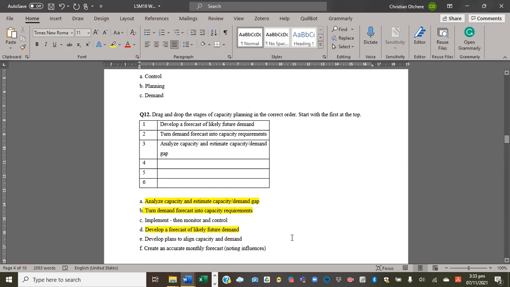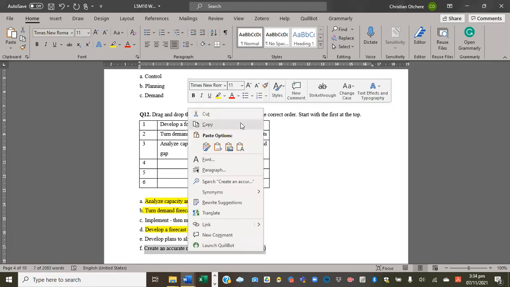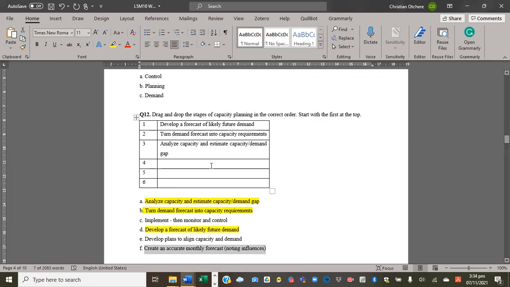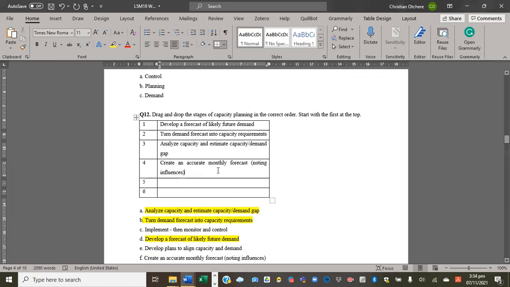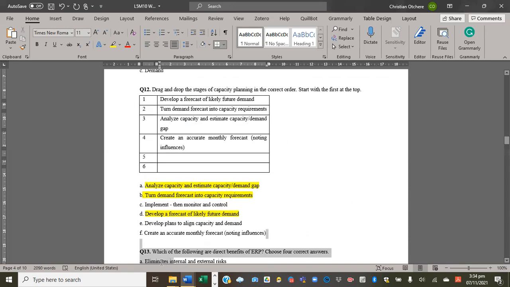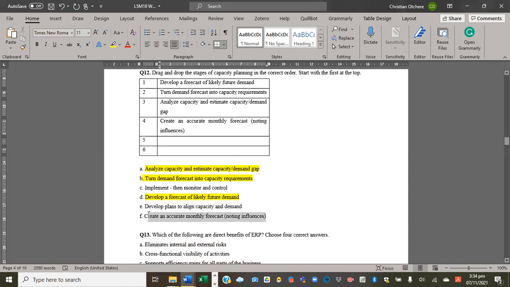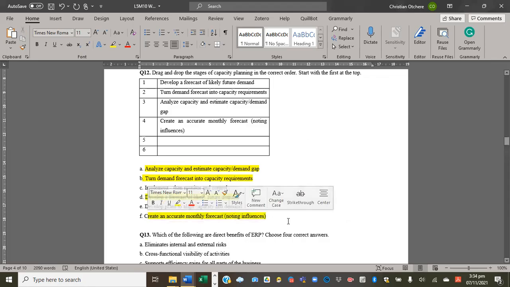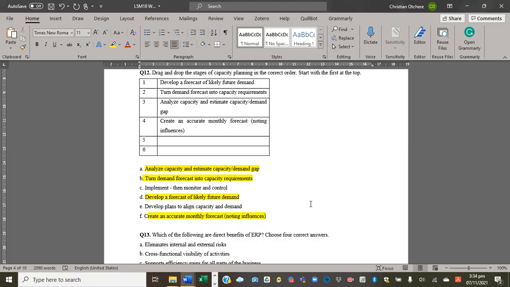You create an accurate monthly forecast. Okay. So you create an accurate monthly forecast before we develop plans to align capacity and demand. I think, okay. So this is catered for. Now what do we do? Capacity and demand.